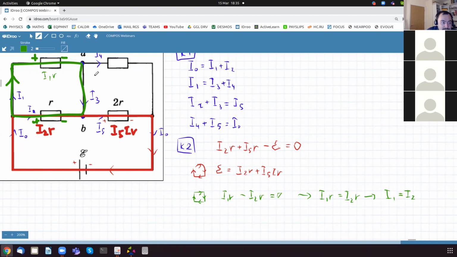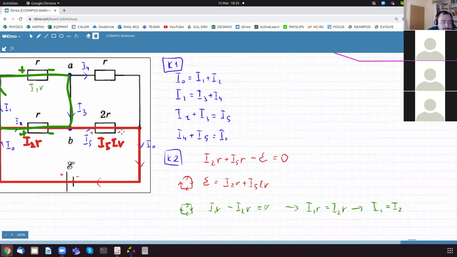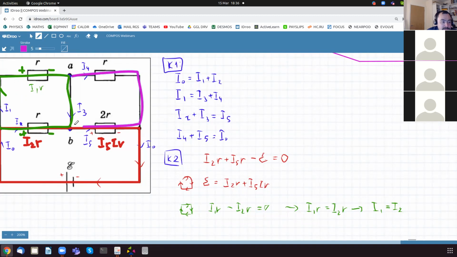Now for this one, let's say we draw a purple loop. Kirchhoff's second law for any loop in a circuit.